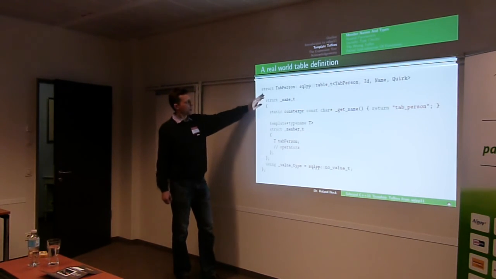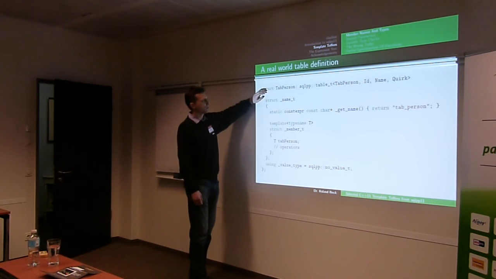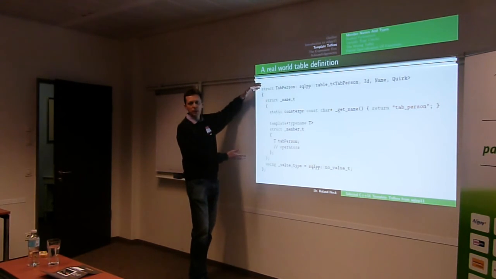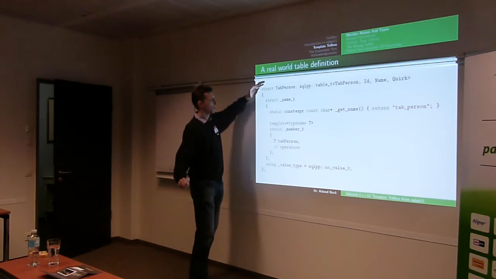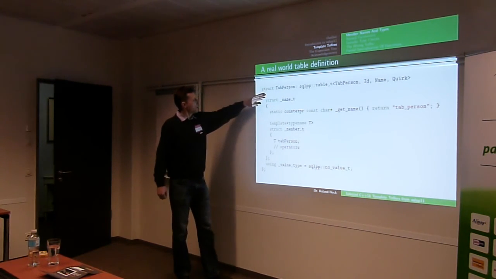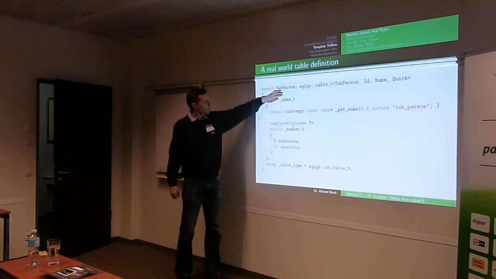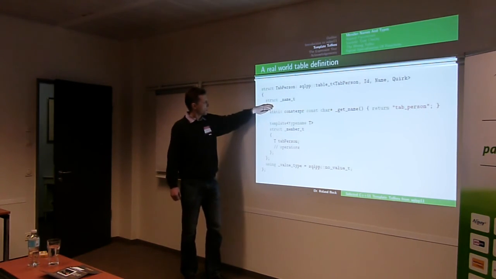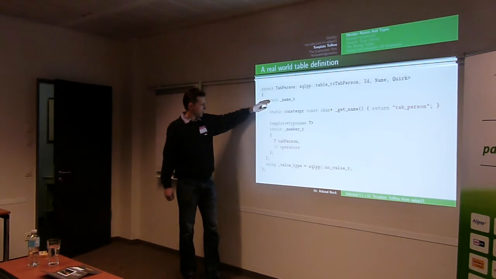Then we have a table. So that I think answers your question about how tables are defined. Okay, and we will go about that later. A table is again a struct with some inheritance that we are going to deal with in a few moments.